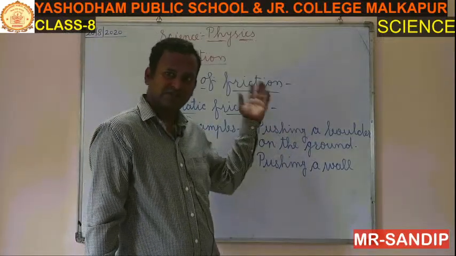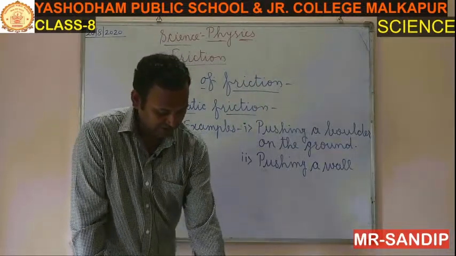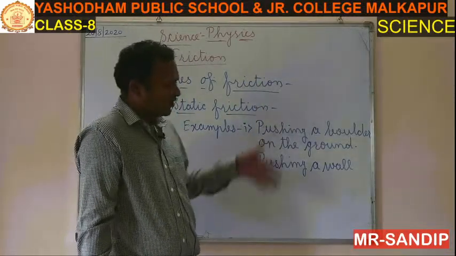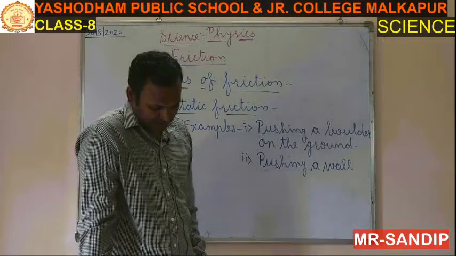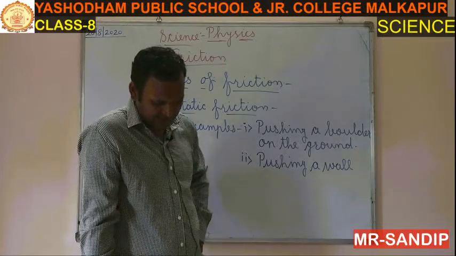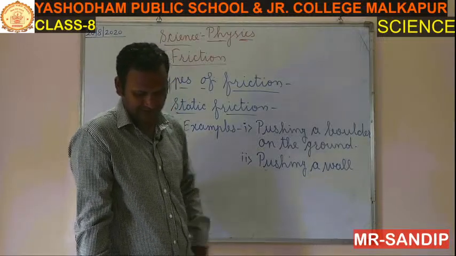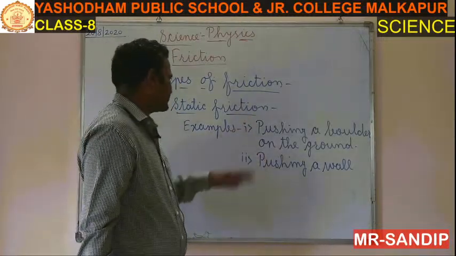Then we can say there is also static friction between this wall and its surface. Then we can say pushing against the pedals of a bicycle, that also is static friction. These two examples are enough for the static friction.